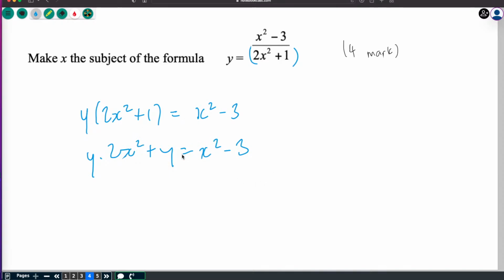I'm going to subtract x squared. So then I have y times 2x squared, subtract x squared, and I'm going to bring that plus y over to the right-hand side, because the whole goal is to get x by itself on the left. So then I have negative 3 take y. Now, maybe you can see how I can isolate x. Can someone maybe shout out what I could do here in the next step to get x by itself?